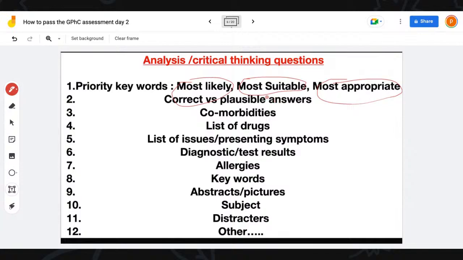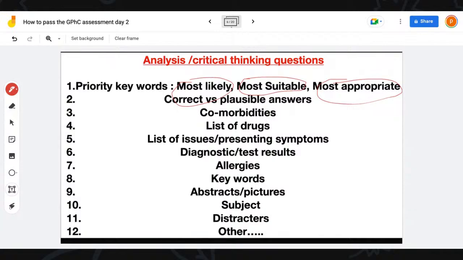Another thing you need to watch out for with your priority questions is correct versus plausible answers. I'm going to give you a question in a second that's going to show you correct versus plausible answers. The reason why this is so important is that the GPhC actually states, and I showed you how questions are written, they put plausible answers, which means there will be a number of answers that are correct in the sense that they are common.